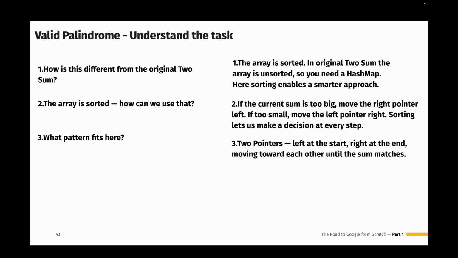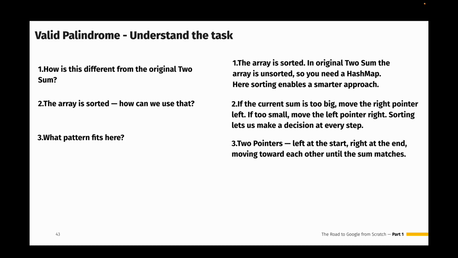So if the current sum is too big, we can move the right pointer to the left, and if too small, we can move the left pointer to the right. So because the array is sorted, it lets us make a decision at every step, to move these pointers, either left or right. And what pattern fits here?